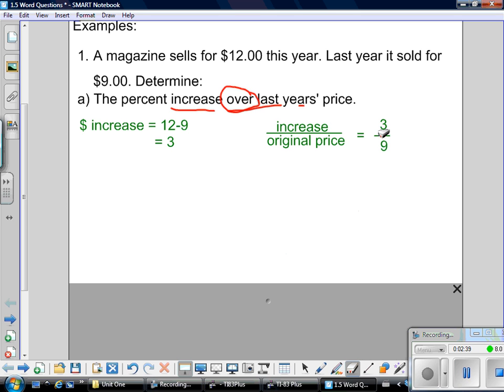Now, when we divide these numbers, we end up having decimal 3 repeated. Now, that's not the percent. Remember when we were converting between decimals and percent, if you look back in your notes, you need to take this number and multiply it by 100. Now remember, that is a repeating sign.